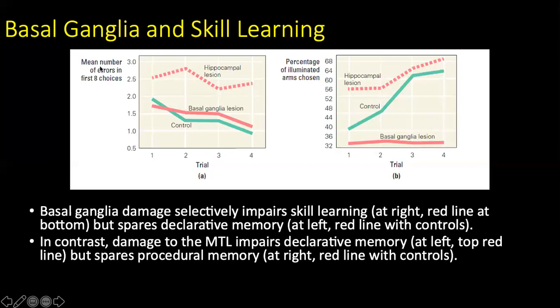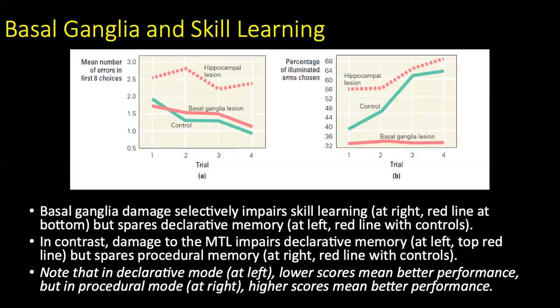So here we're looking at the number of errors. And like we just mentioned, the basal ganglia group is fine, but the hippocampal lesion group is making many more errors across all of these trials. But the hippocampal group was fine when we looked at that skill type of learning. So basal ganglia damage doesn't just disrupt memory in general, it's specific to skill memory. So it's a nice contrast to what we talked about with declarative memory.